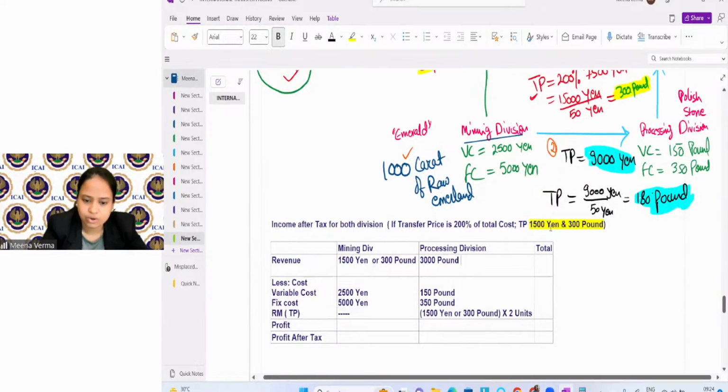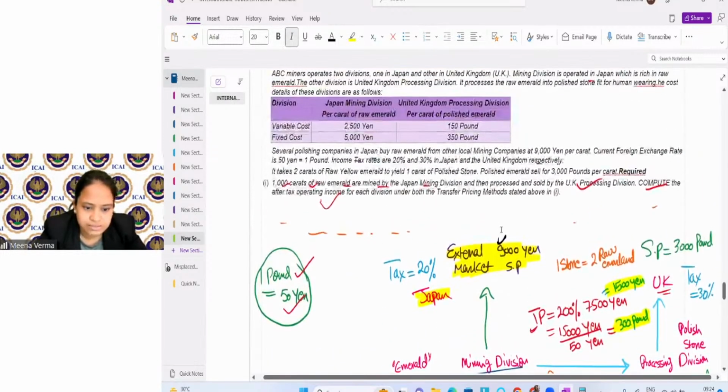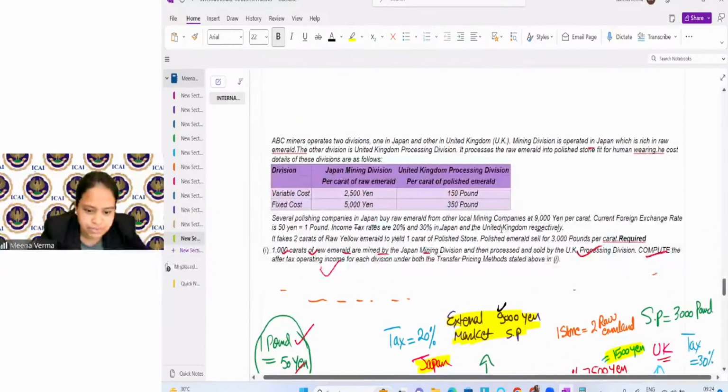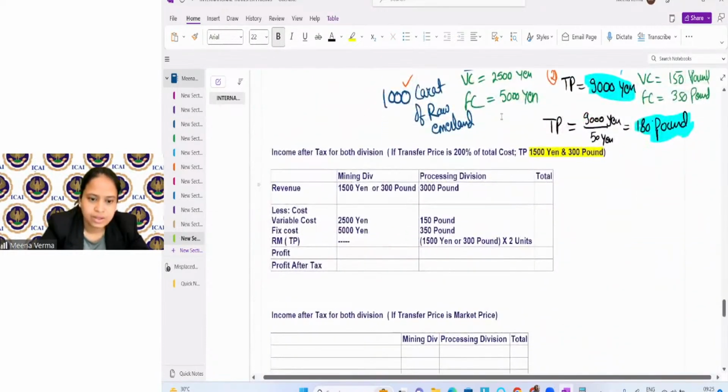All right. I hope I have not made any mistake and I have taken the correct values. Final sale value is 3,000 pound. Is it mentioned somewhere? Yes, per carat. All right. Is that all okay?